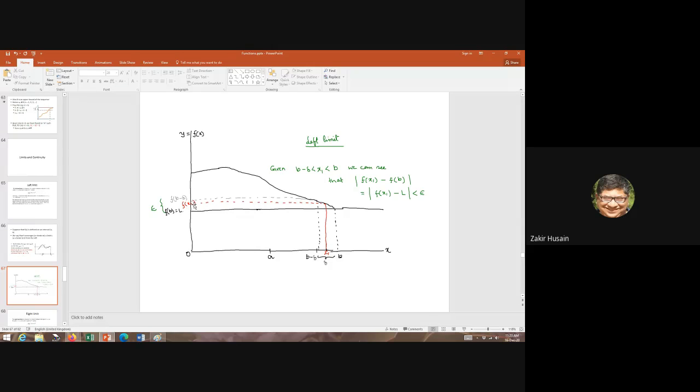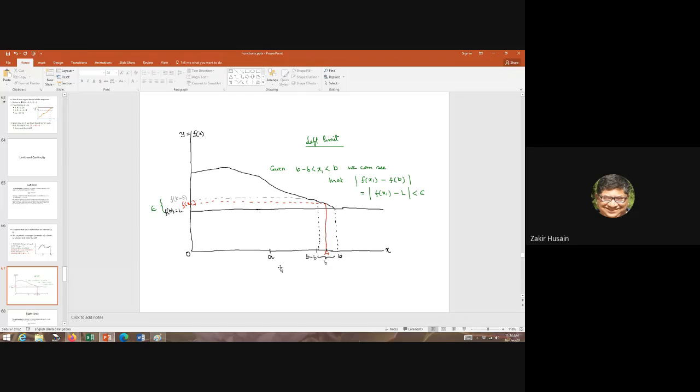Okay. So basically what it means is that we have drawn a function over here and we have taken an interval a, b. Okay, we take a del, which is positive. So b minus del, the interval is del. Now we take any x, let us say x1, within this interval, b minus del and b.